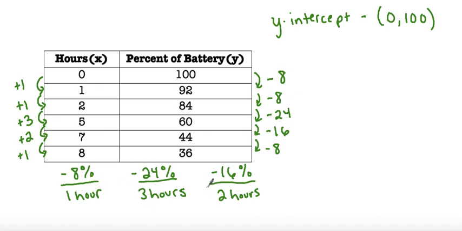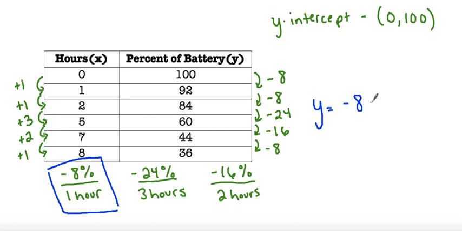And we lose 16% in 2 hours, which is the same thing as 8% in an hour. So, because these are all equivalent, and this is my unit rate, our percentage decreases by 8 every hour.